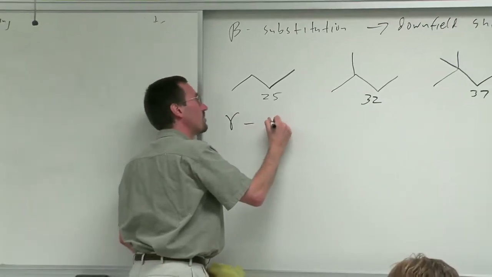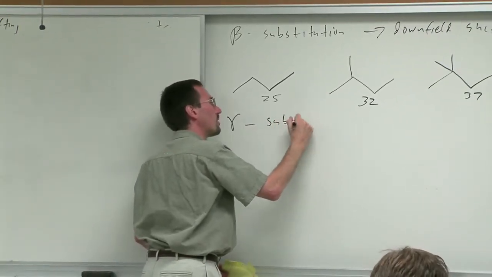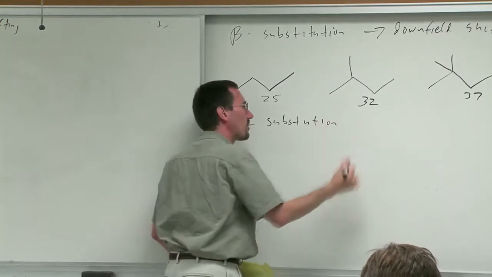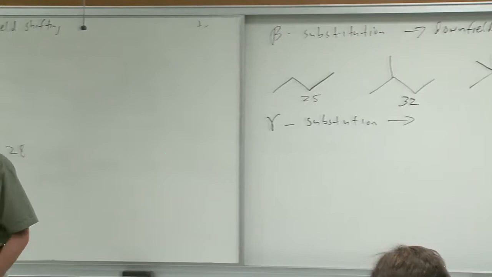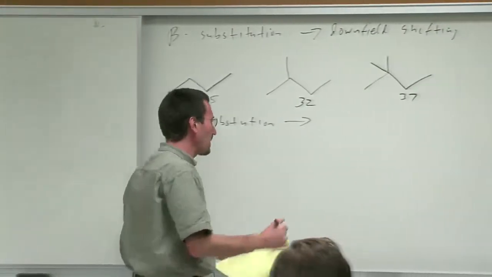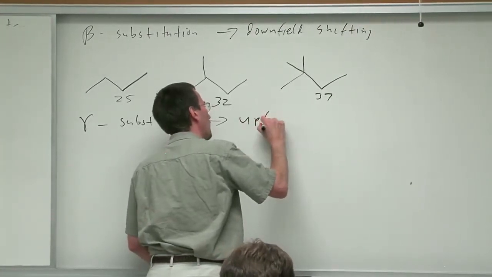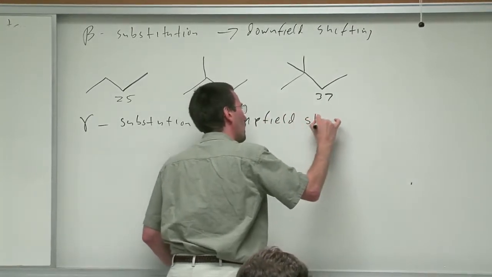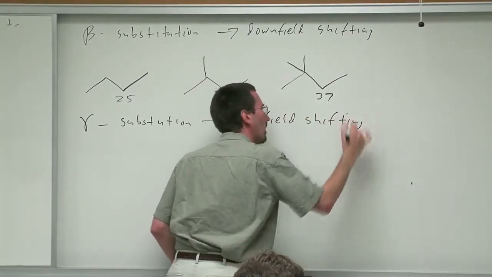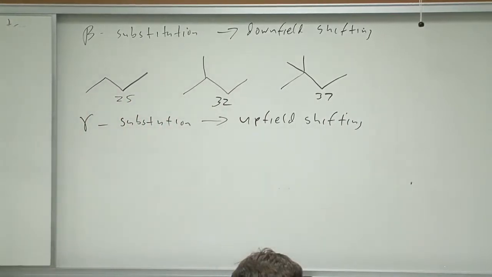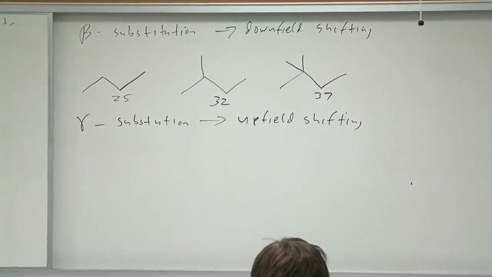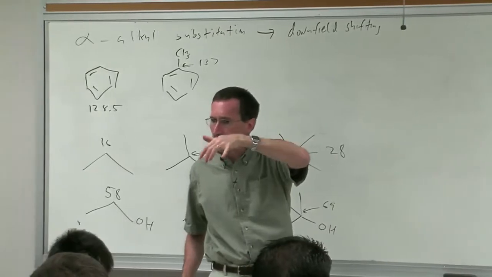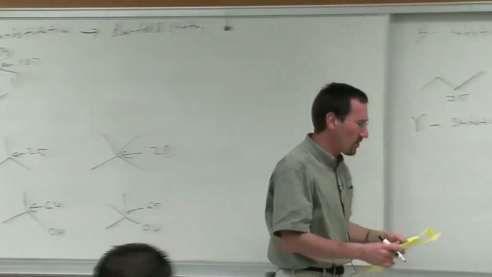Let's look at gamma substitution. Now, gamma substitution is interesting because gamma substitution leads to upfield shifting, and it's really a steric effect. So with gamma substitution, what you're basically doing is getting interactions that, through steric repulsion, push more electron density onto the carbon and shift you upfield.